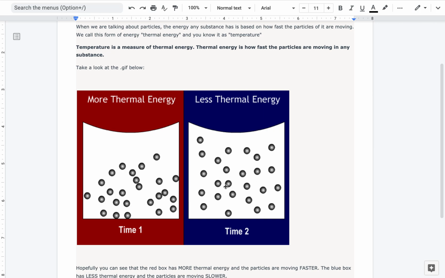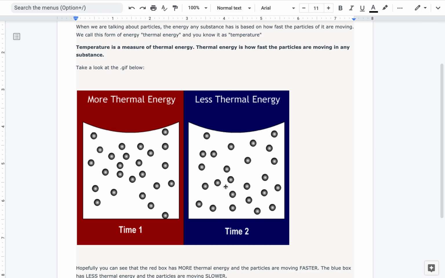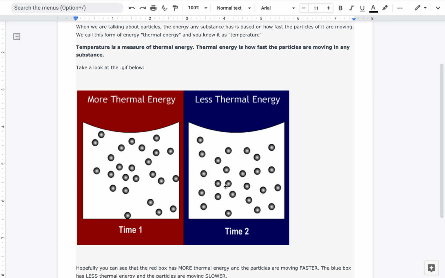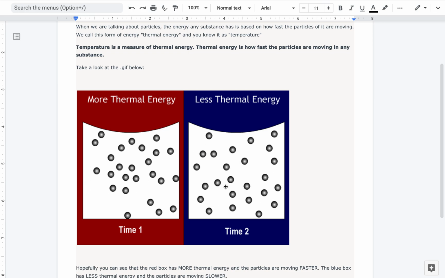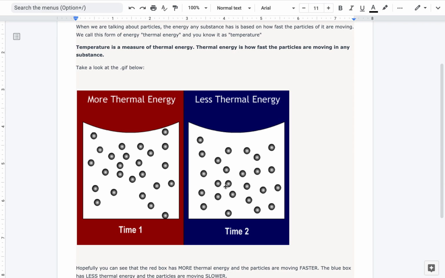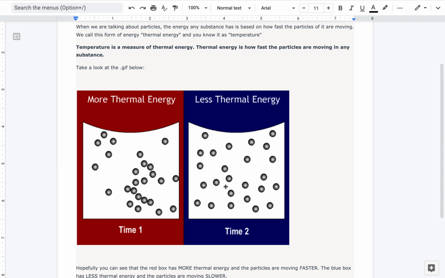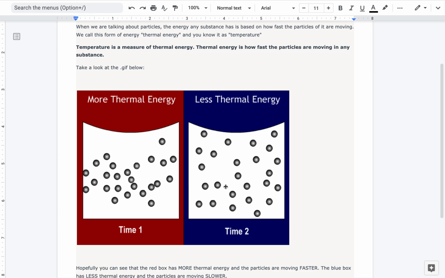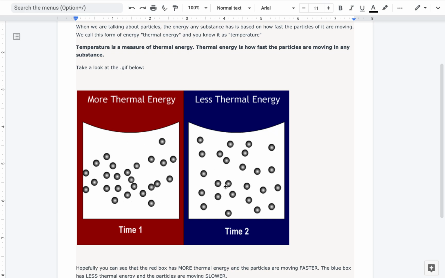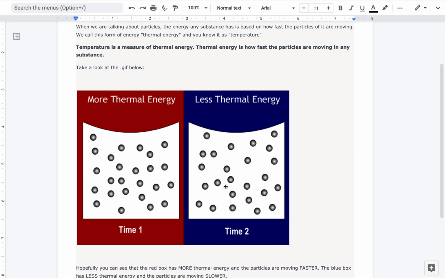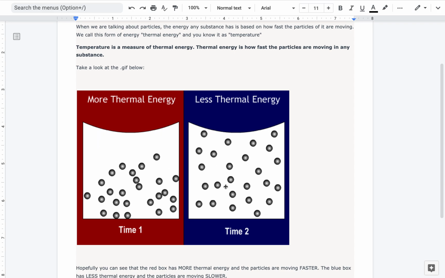Now, if we're talking about solids, remember the particles in a solid can vibrate. So when you increase the thermal energy of a solid, those particles are vibrating faster and faster. Eventually, when you get to the melting point, instead of vibrating, those particles are going to break out of their position and be able to slide around each other.